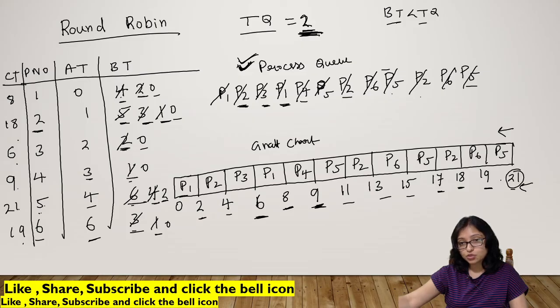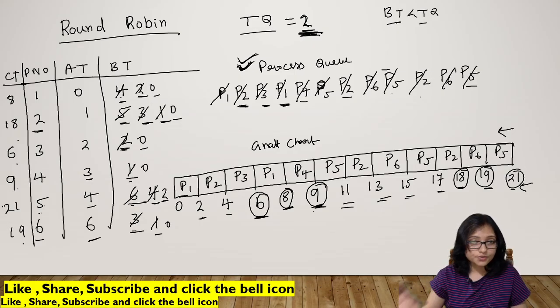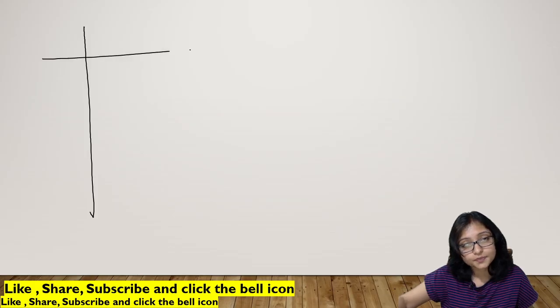Here P5 was 21, P6 was 19, after that P2 was 18, then P5, P6 already done, P2 already done, P5 already done, P4 is 9, P1 is 8, here P3 is 6. In that way we put this value, right? It is very clear. Now I am going to the next page and I am writing again so that you can check your calculation.